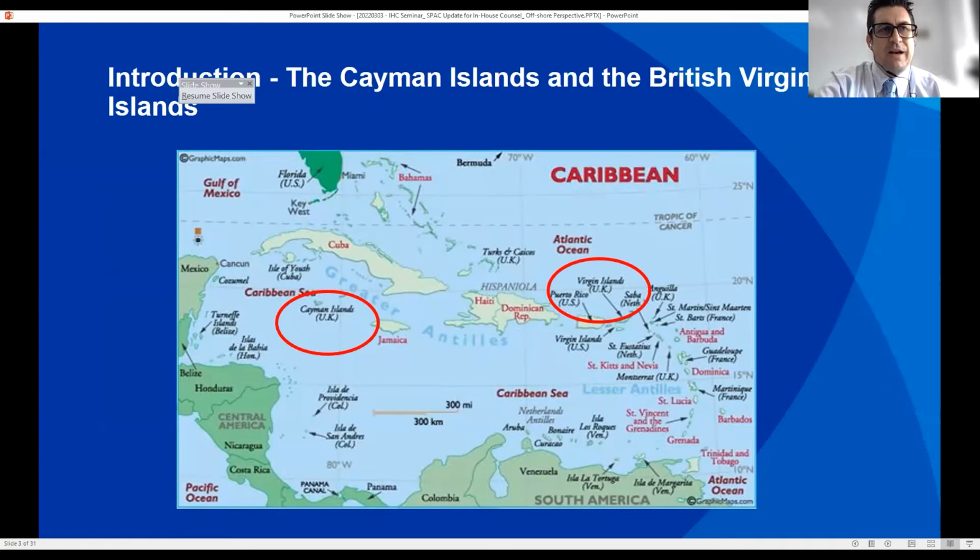If we start off with the Cayman Islands, as you can see from the little diagram here, it's a British overseas protectorate located about an hour's flight south of Miami, 3 hours south of New York.